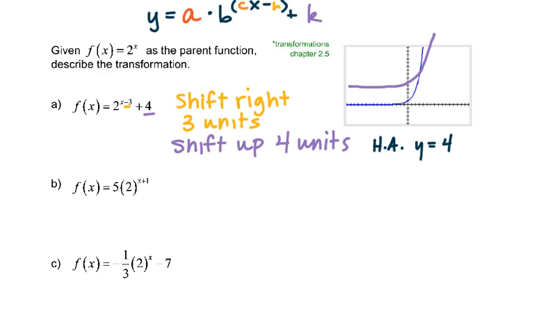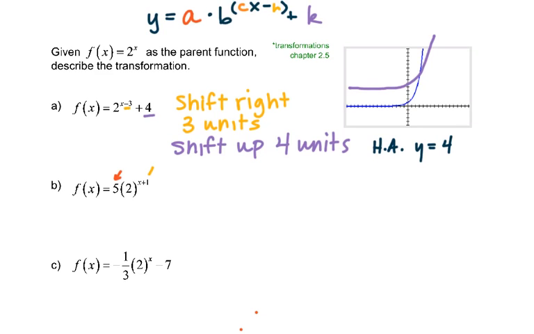So for example B, 5 times 2 to the x plus 1, we have a 5 and a plus 1. And what that 5 is going to cause to happen, it's multiplied on the outside, so it's going to stretch vertically by a factor of 5.